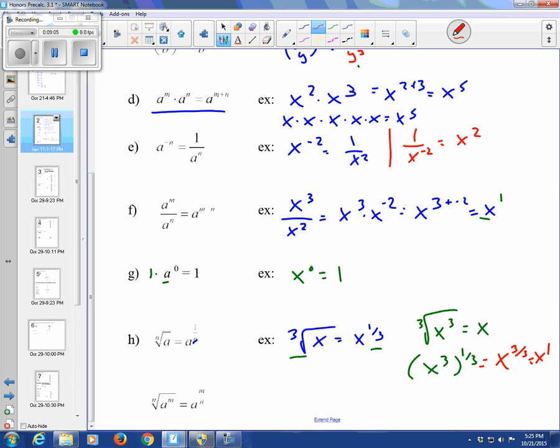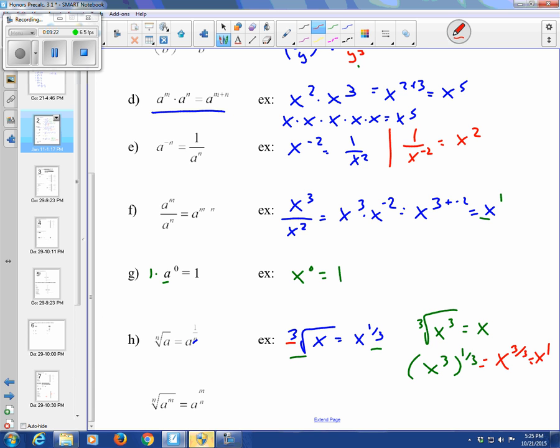So basically we can say that a fractional exponent with that root in the denominator and 1 in the numerator is equivalent to a radical of that number, right?